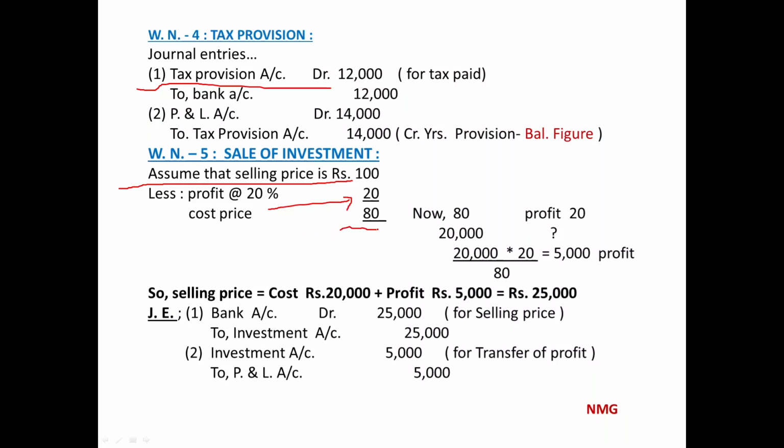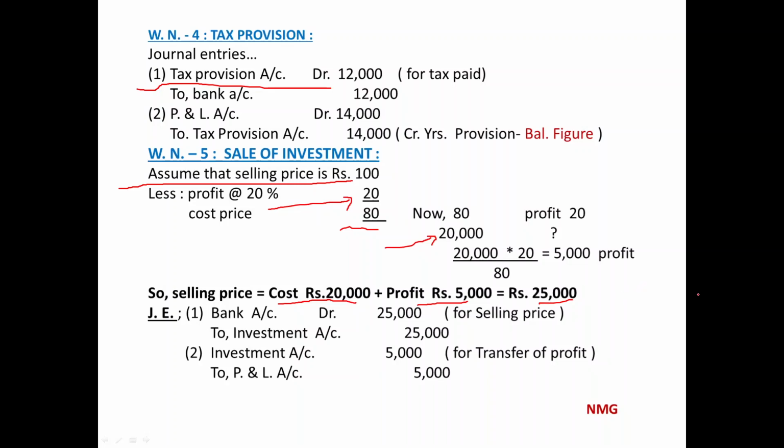That gives the cost 80. Apply the equation. If cost is 80, profit is 20. If cost is 20,000, what would be the profit? Profit amount would be 5,000. So we got the total selling price. Cost 20, profit 5, selling price 25,000.